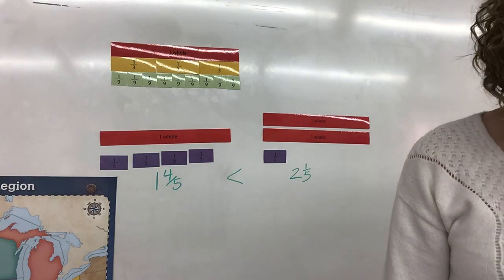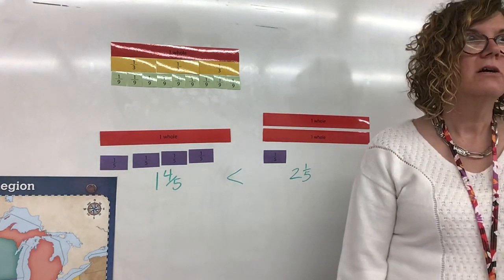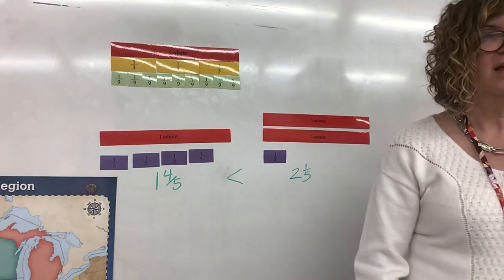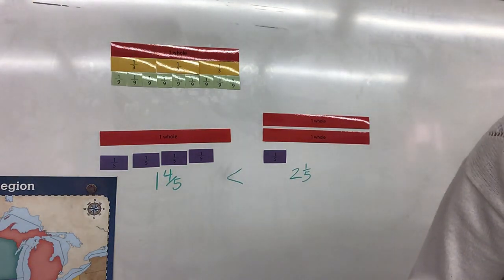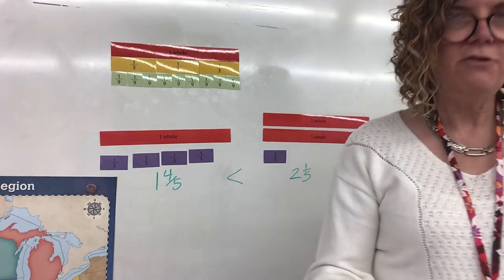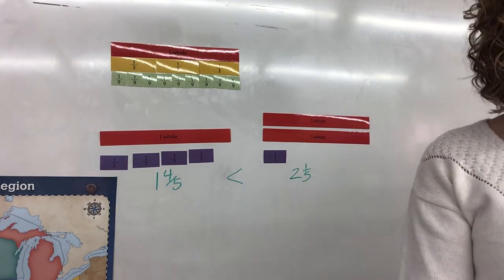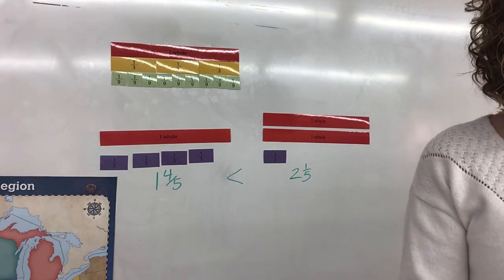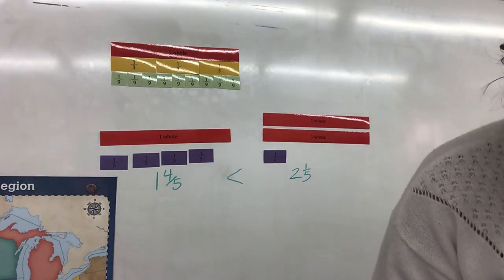1 1/2. So for the first rectangle again, you're going to color the whole thing. And for the second rectangle, you're going to color 1 piece, so that it would be coloring 1/2 of it. Then you can look at the comparison of what you colored. The 1 whole is equal, so you look at the part and who needed more?